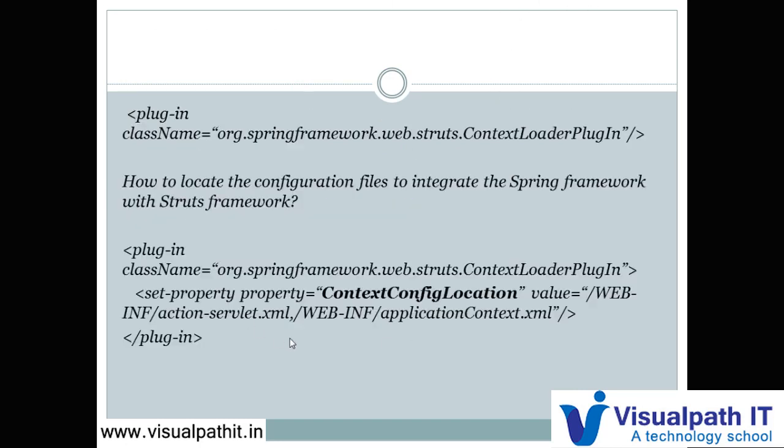Let's see now how exactly we configure this ContextLoaderPlugin class in the struts-config.xml. The plugin class name is org.springframework.web.struts.ContextLoaderPlugin. The location of the context configuration files, like action-servlet.xml and applicationContext.xml, is defined by the contextConfigLocation property of the plugin element.